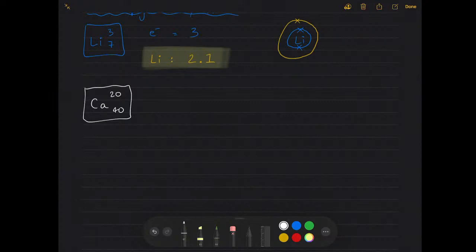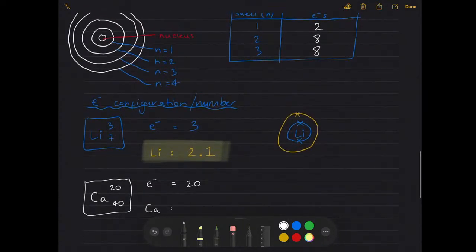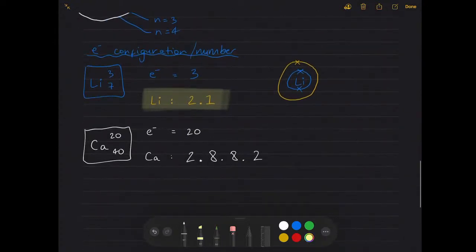Calcium has 20 electrons, which means if we follow the above pattern, there are 2 electrons in the first shell, leaving 18. We then have 8 in the second, maximum. We've used up 10, we have 10 electrons left. The third shell has a maximum of 8. We now have 18 electrons used. And finally, 2 more, which adds up to 2.8.8.2. That is the electron configuration for calcium.